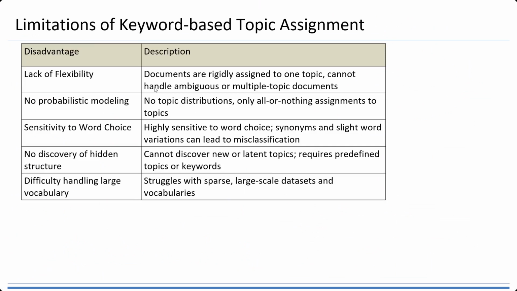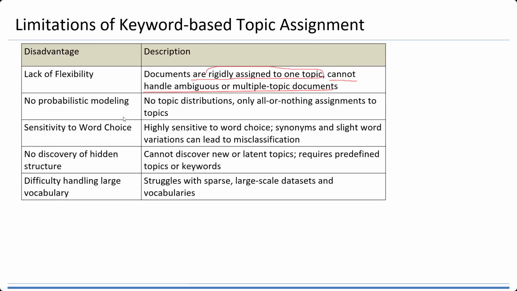So let's look at the limitations. With this keyword-based topic assignment, it lacks flexibility. Why? Because documents are rigidly assigned to one topic and cannot handle ambiguous or multiple-topic documents.